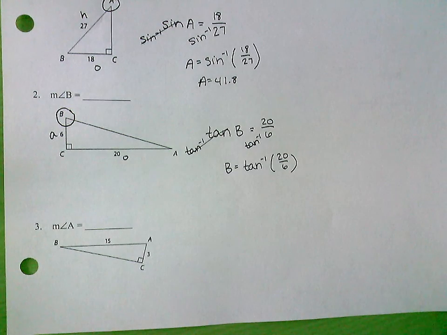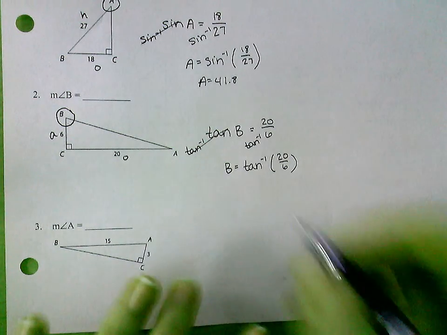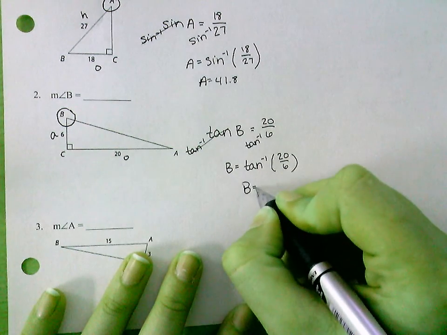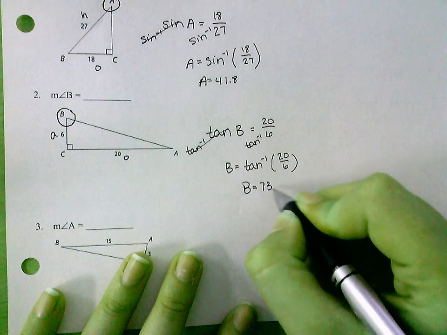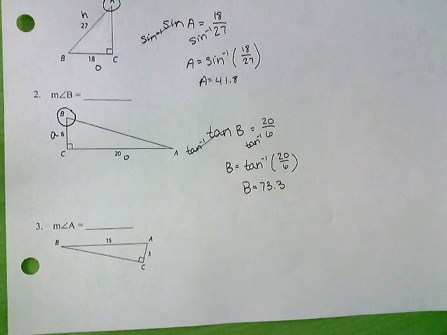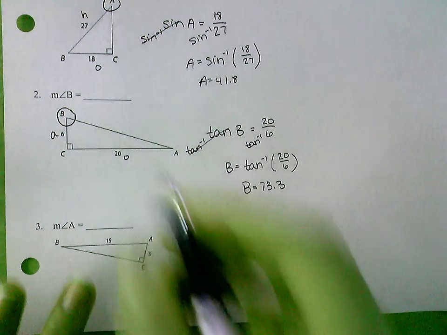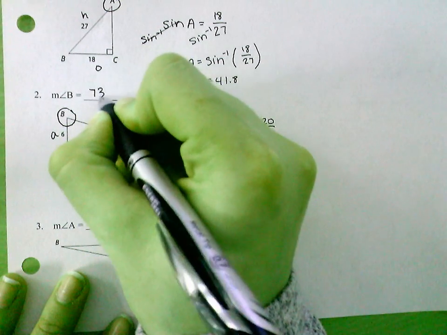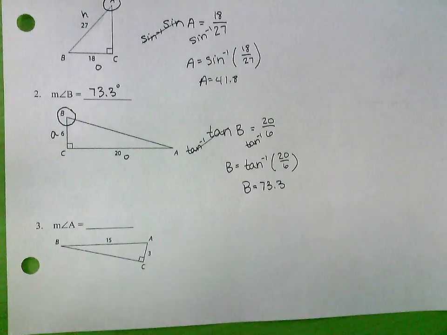So second tangent, 20 divided by 6. Especially if you have a different type of calculator, make sure you can plug it in correctly. You should get 73.3. So the measure of angle B is 73.3 degrees.